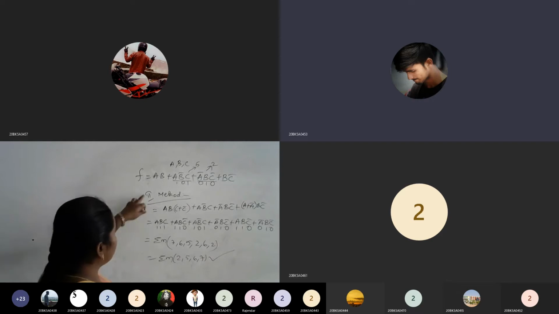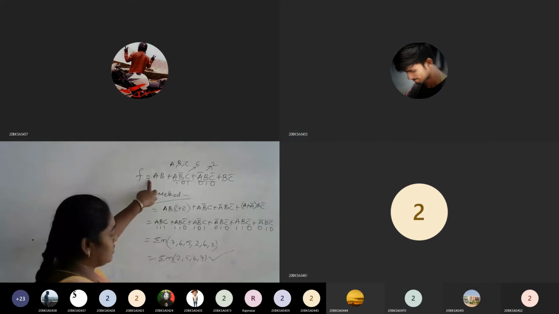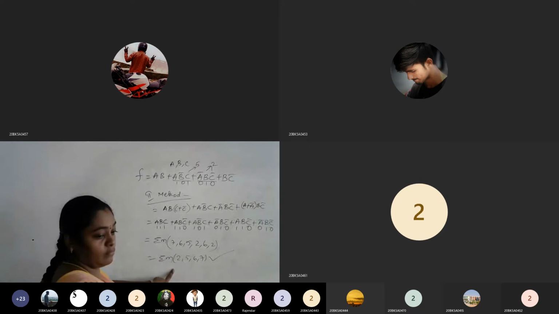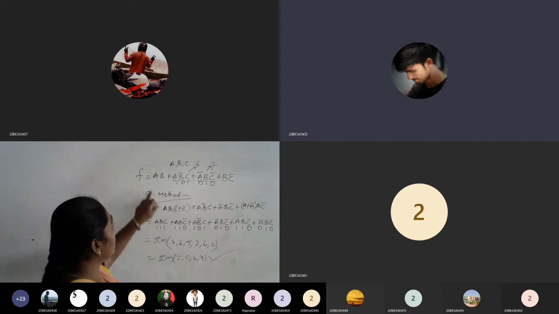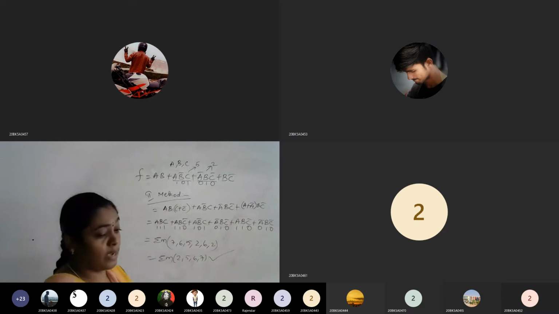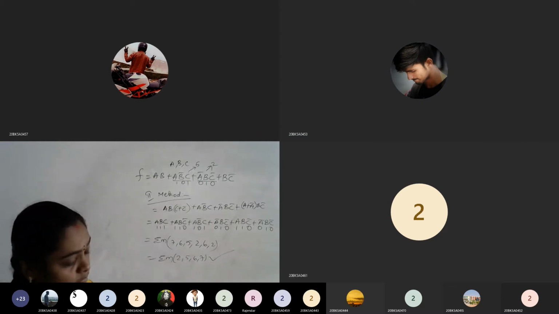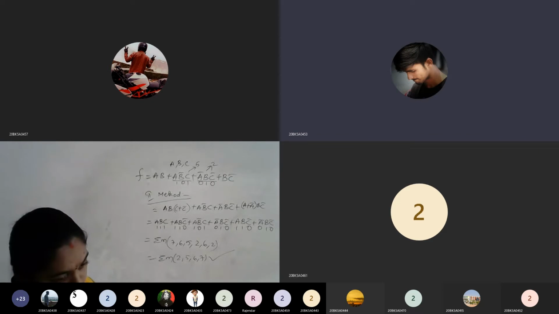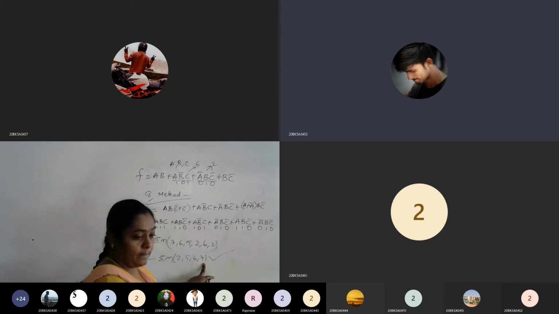In the exam, they may give the expression this way or this way. The question may be either in terms of variables or in the form of sigma m. Both are one and the same. So what is the highest number? 7.